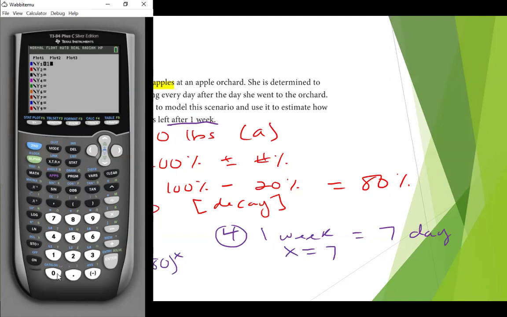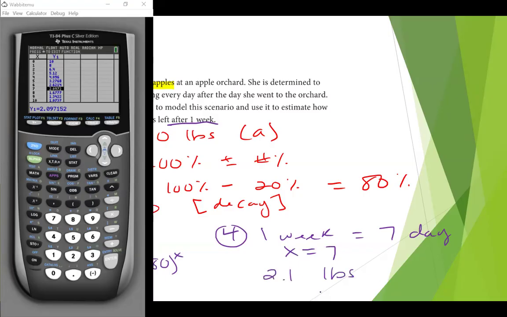So we had 10 times 0.8 to the x. Here we go. I'm going to go to my table. And what value am I looking for? 7. At 7, how many pounds of apples did she have left? We're going to say 2.1. Is that fair? All right. So after 7 days, she had 2.1 pounds of apples left.